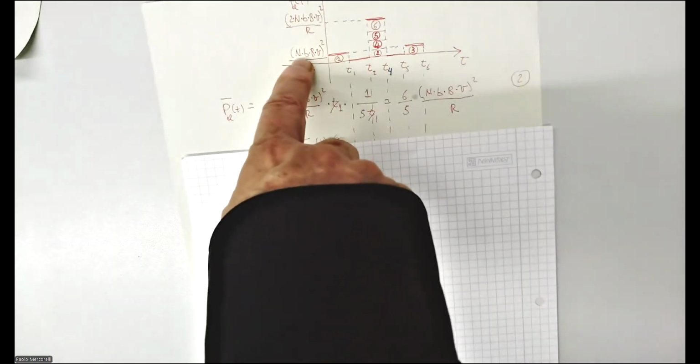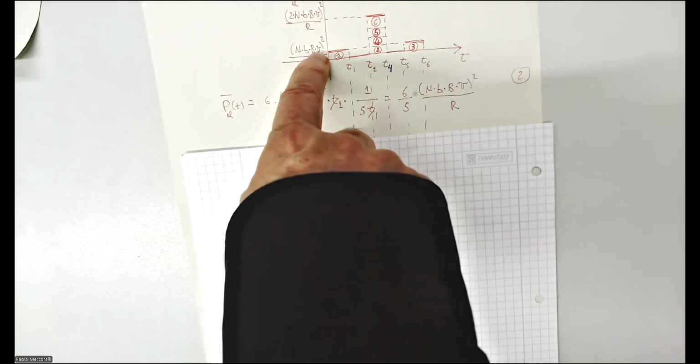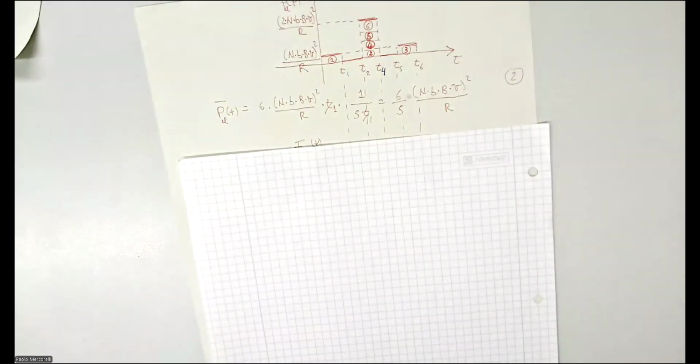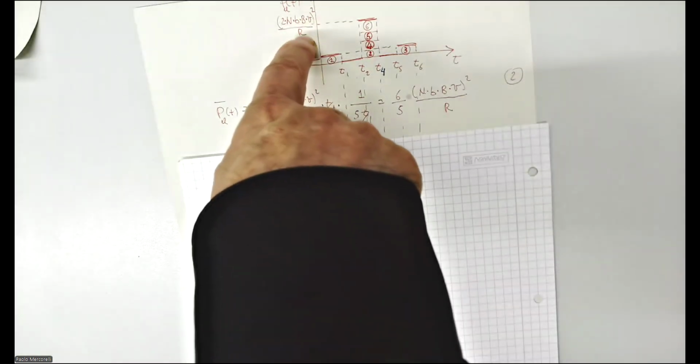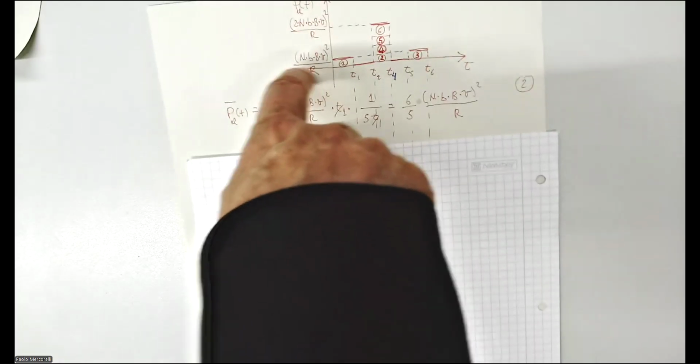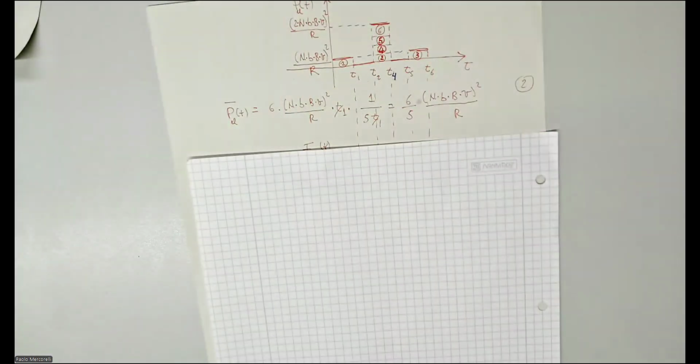This was minus b not capitalized, B capitalized, multiplied by v, the value of the induced voltage, negative at the beginning. If I square it, it is positive, divided by R. This was 2 times this value, everything squared, divided by R. To draw the P over time is not a problem. It comes automatically if you remember U squared divided by R. We don't have to think about it.